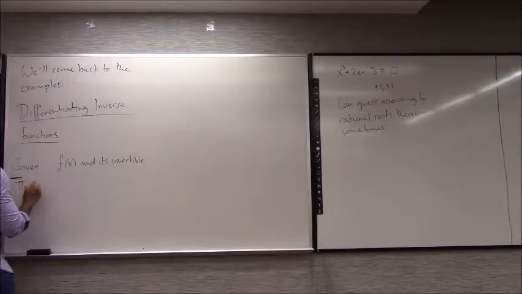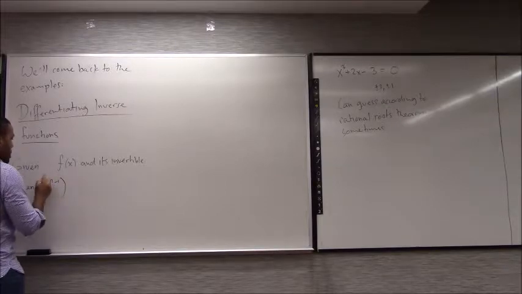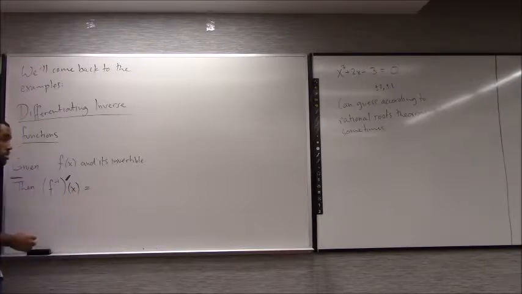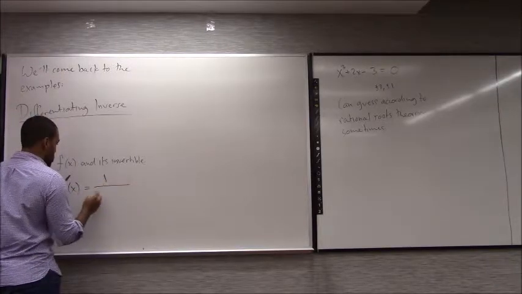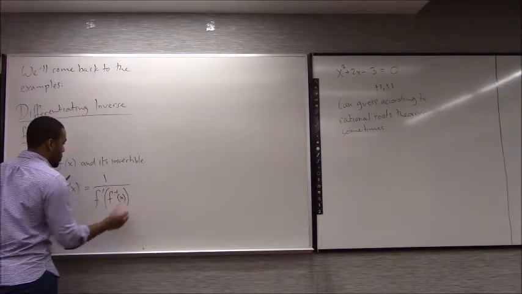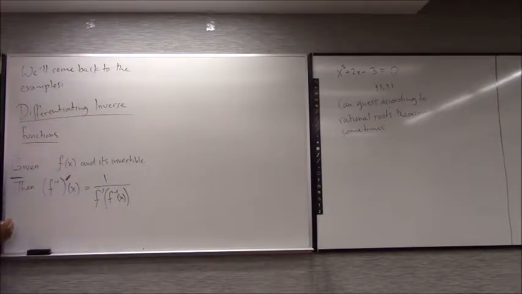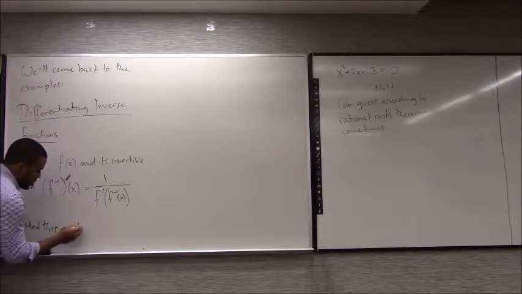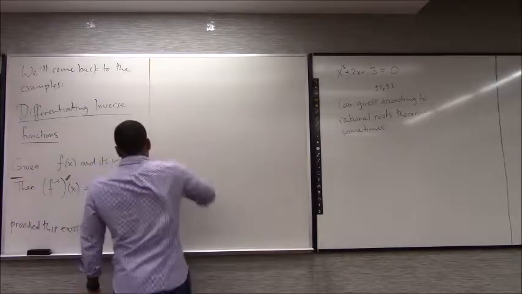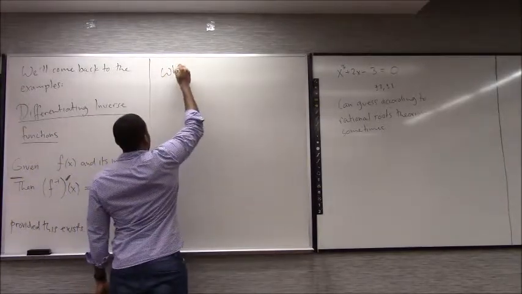Then if I take f inverse and I want to differentiate it, it turns out that will actually be of the form 1 over f prime of f inverse of x. Provided this exists, meaning the denominator can't be 0, all that stuff. And you might be wondering why.